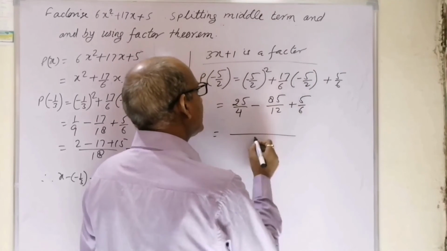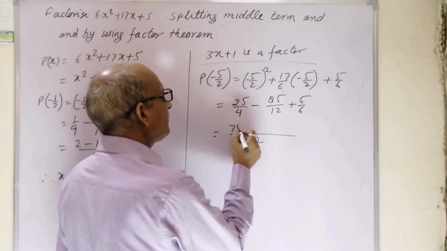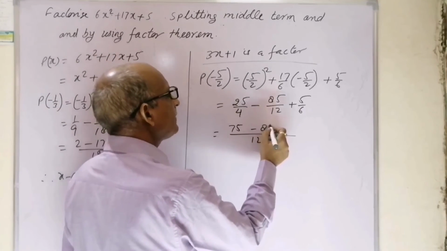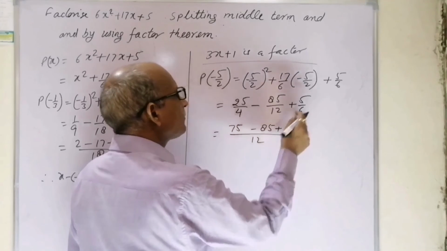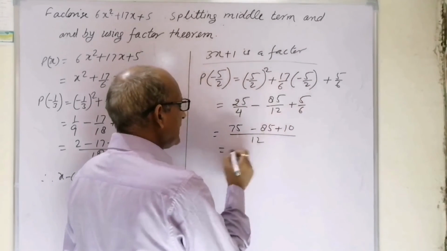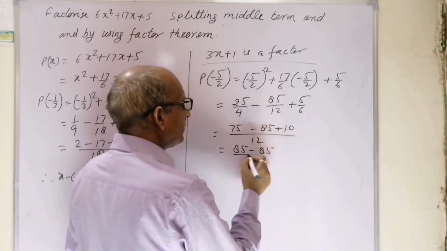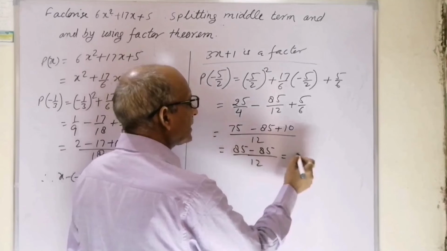So taking LCM we will get 12 only. 4 3s are 12, then it will become 75 minus 85 plus 10 over 12, so it is coming to be 85 minus 85 upon 12, again coming to be 0.